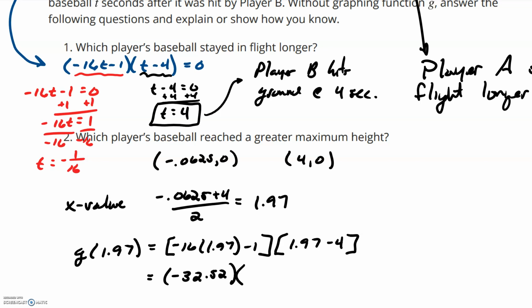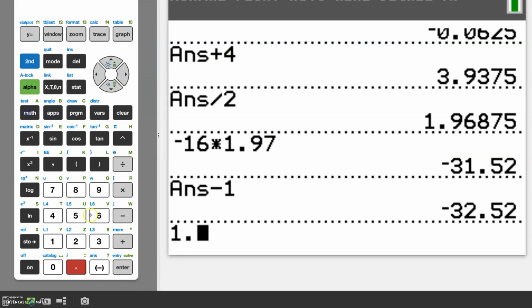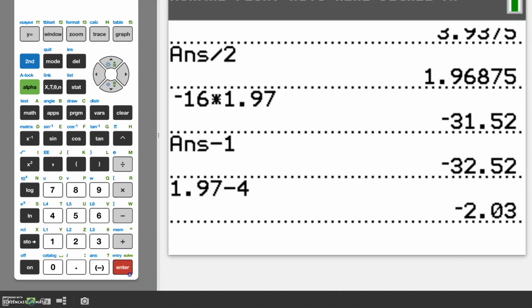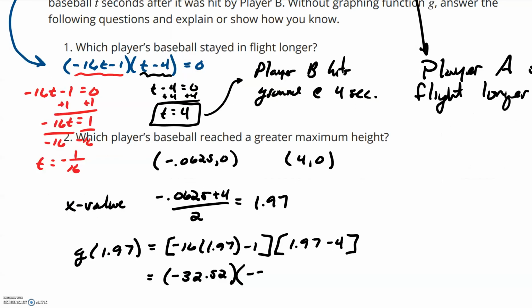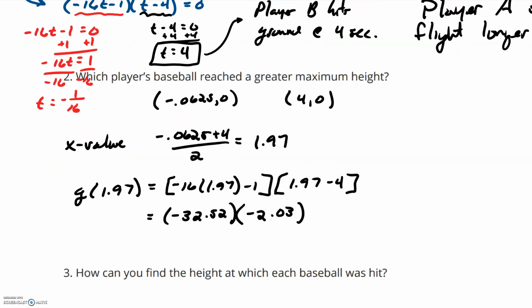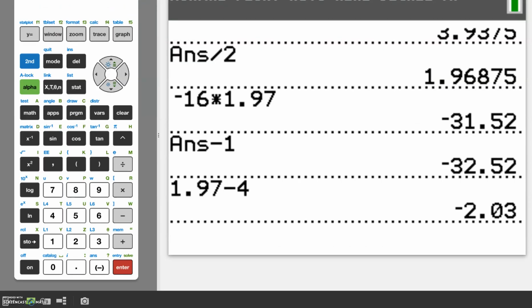And I'm going to multiply that by 1.97 minus 4, which is equal to negative 2.03. I multiply these two values together.